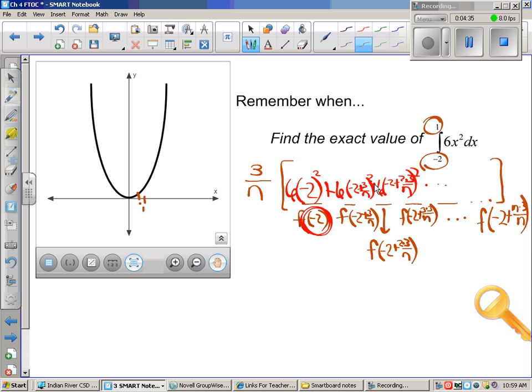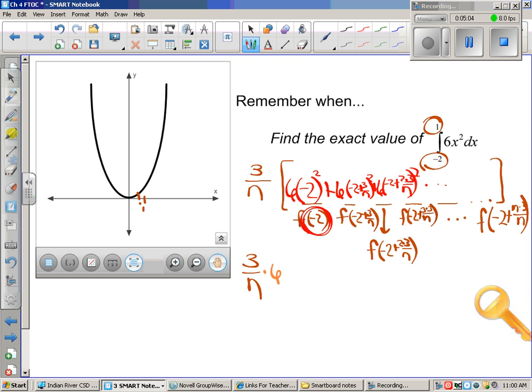Now, you're saying exactly what I need to do. We need to look for patterns. What is something that is appearing in every single one of these? Every single one of them has a 6. So the idea is, I'll use this color first. You've got your 3 over n on the outside from here, right? You're going to take a 6 out because it's appearing in all of them.